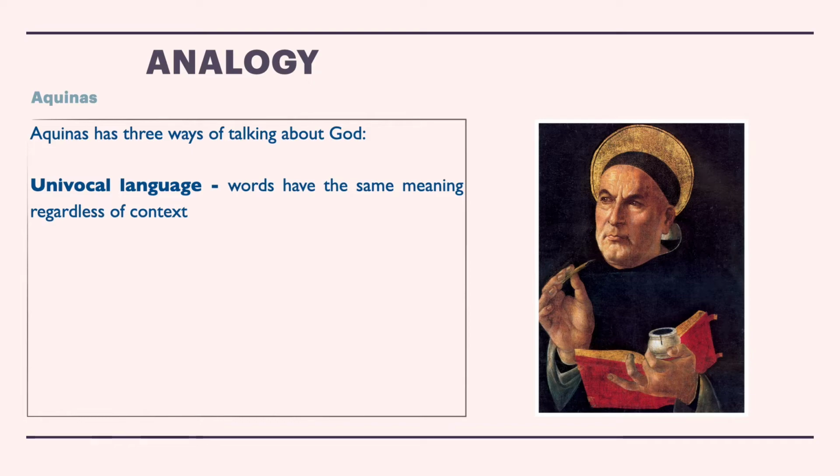There are many religious people that use language for God as if it were univocal. They believe when they're saying something like God is love, that has one meaning, regardless of any other context in which it's used. And there is a problem with claiming a clarity around the same meaning when using language for God. And that's because the language that we use is through the eyes of a human lens.